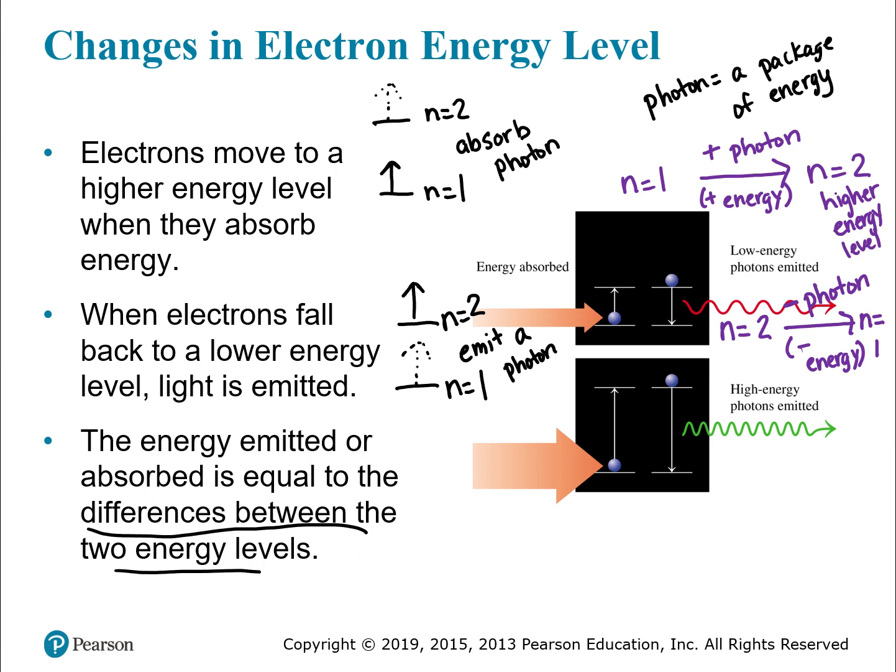But if you're going in the reverse direction, n equals 2 to n equals 1, n equals 1 is a lower energy level. So you're going to have to release some of your energy so that you can hang out a little bit closer to the nucleus. The difference between the two energy levels, we're talking about a certain amount of energy. So you need some number of joules of energy.